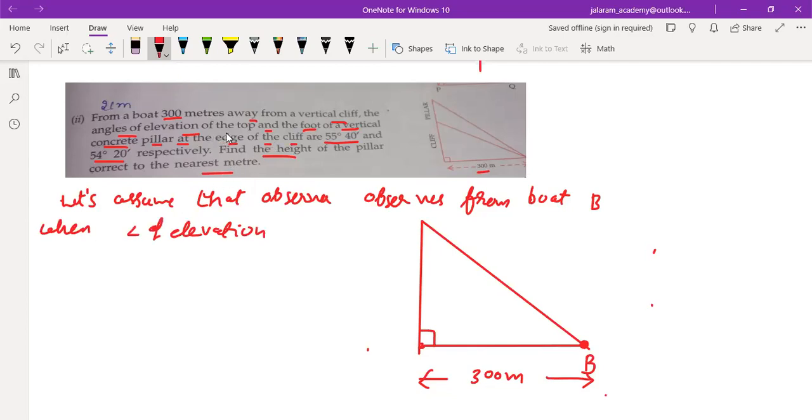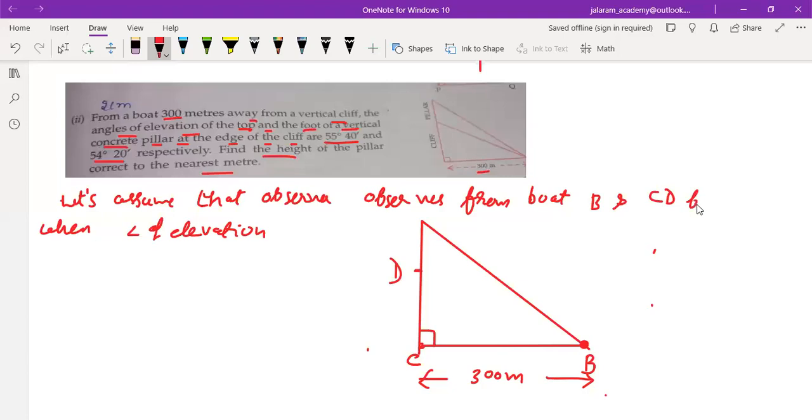Of two pillars from a vertical cliff, the angle of elevation of the top and foot of a vertical concrete pillar at the edge of the cliff. So this C is the cliff. Are 55 degrees. So one pillar is located at the top of the cliff. CD is the cliff, we can write.